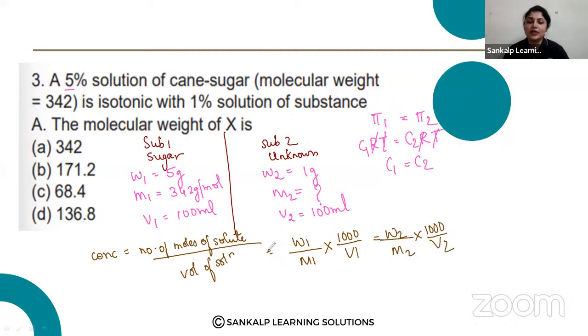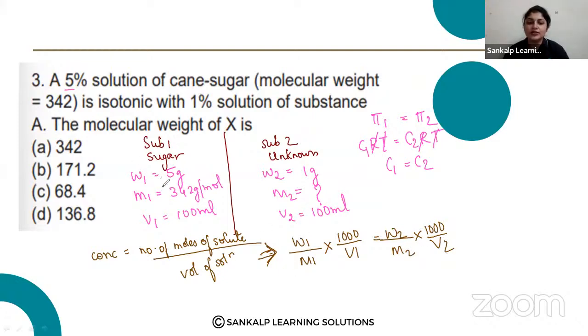This is the formula. The given weight upon the molecular weight, and because V1 is given in ml, you have to multiply by 1000 and divide by V1. Similarly for the other unknown substance, W2 upon M2 into 1000 by V2.